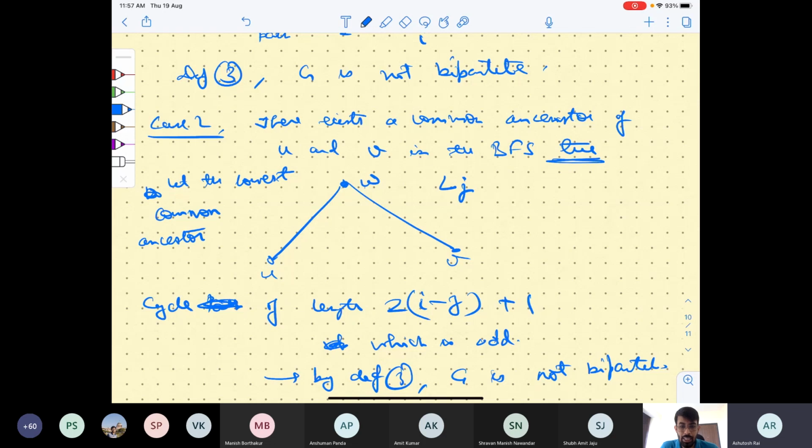There are some details you would want to figure out: since W is the lowest common ancestor, that is why we can say that these paths are disjoint. If it was not the least common ancestor, if it was any common ancestor, then we cannot say that these paths are disjoint.